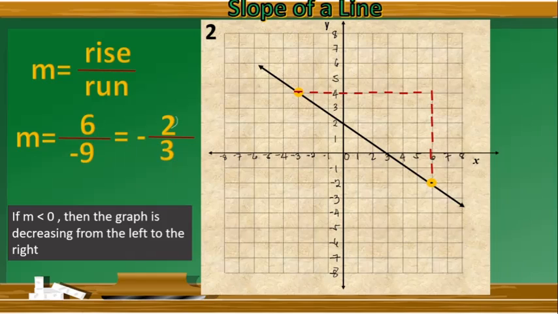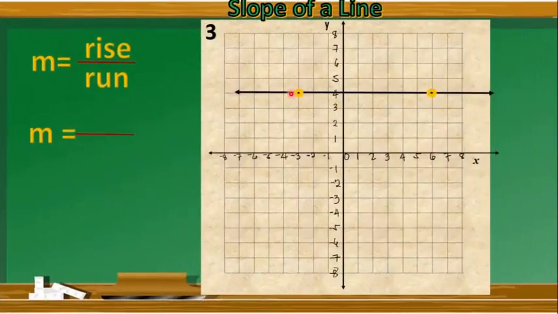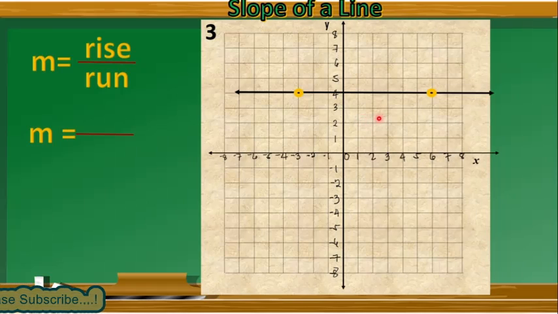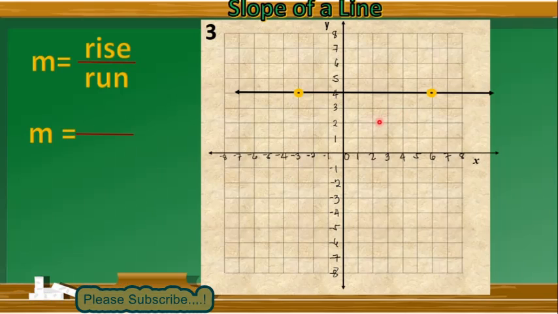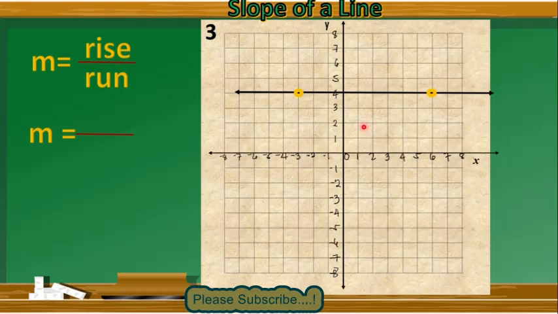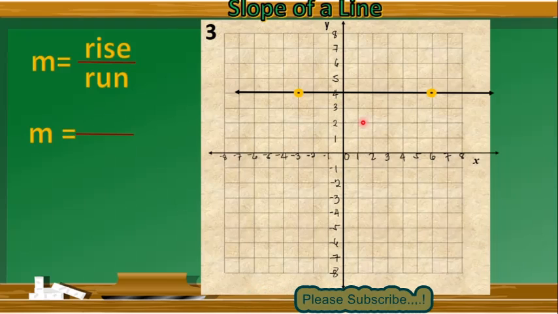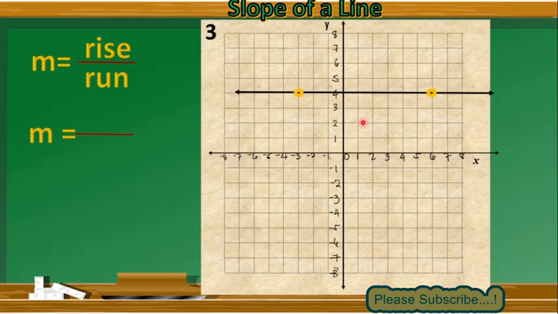Next. Again, we will use this formula for this graph. As you can see, the graph is a horizontal line. Let's find the rise and run of this graph to know its slope. Is there a rise for this graph? The rise is 0.